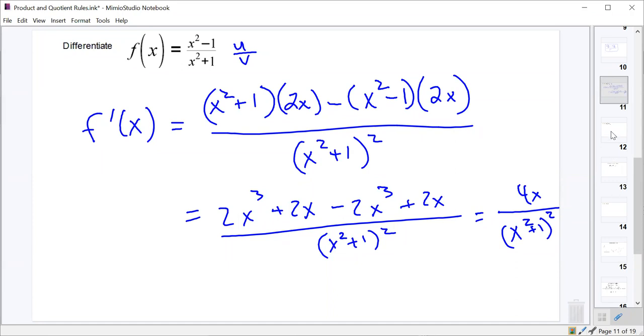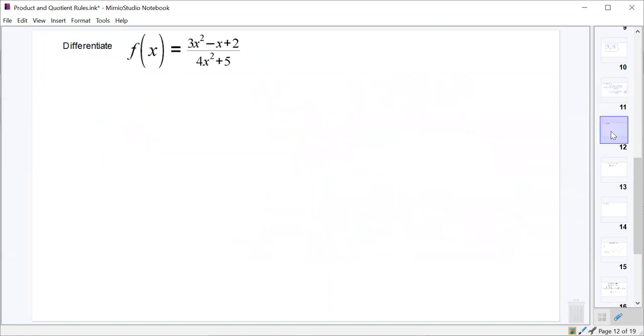Let's do another one. 3x squared minus x plus 2 over 4x squared plus 5. So is it a quotient of two functions? Yes, it is. So you need to use the quotient rule.